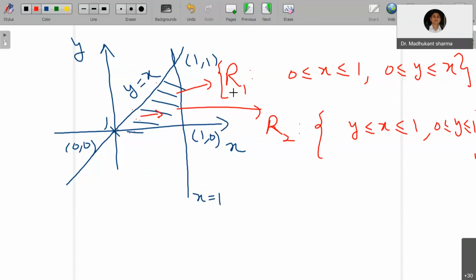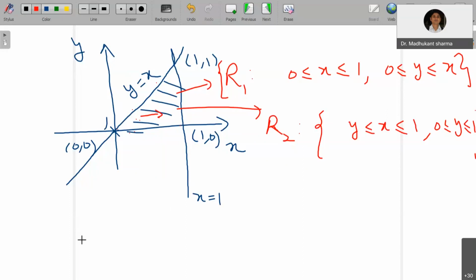So if you have any doubt in R1 and R2, whether they are equal or representing the same region, do let me know right away. If you don't have any question, okay.